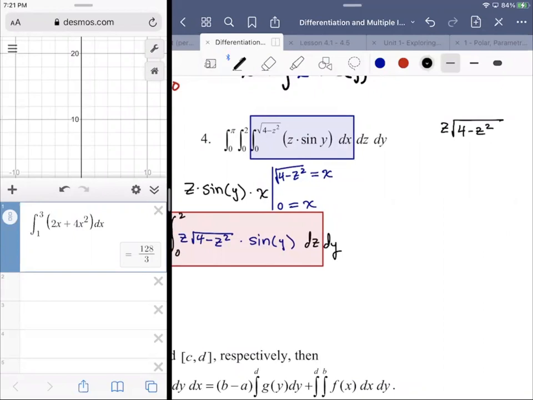All right. So if I let u equal 4 minus z squared, then du would be equal to negative 2z dz. If I swap out the 4 minus z squared for the u, I'm almost there.